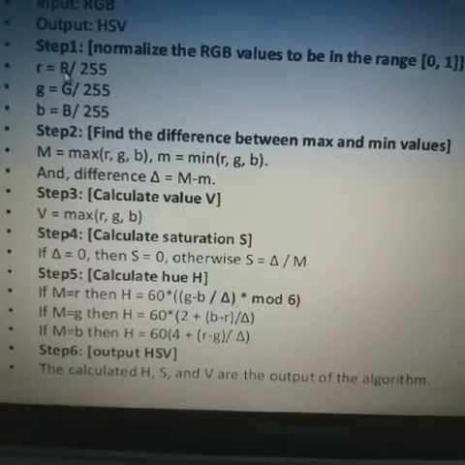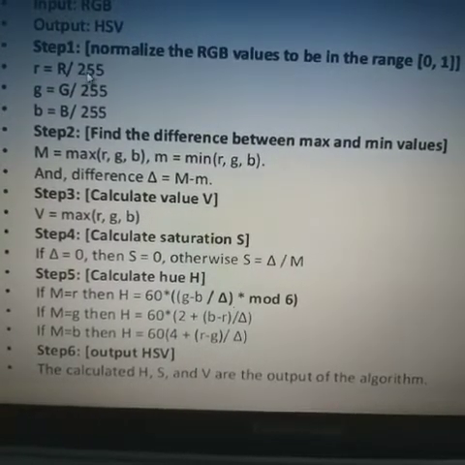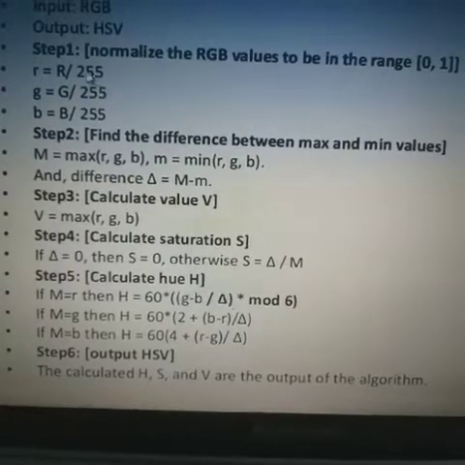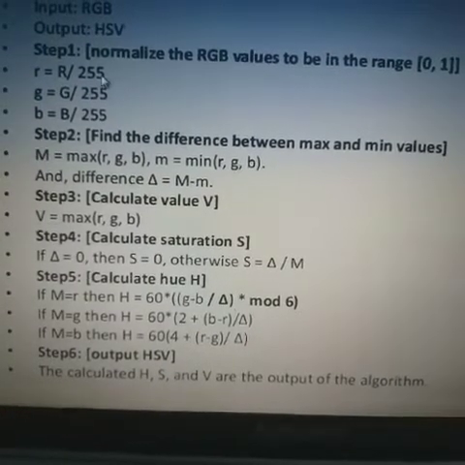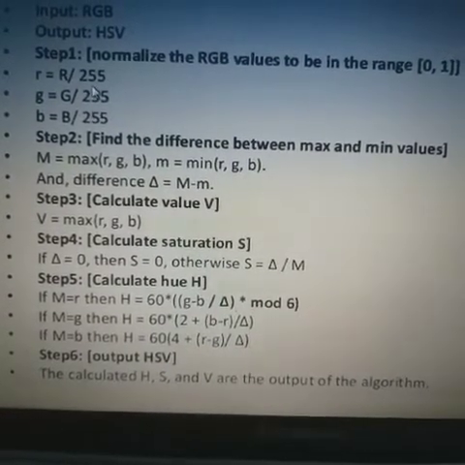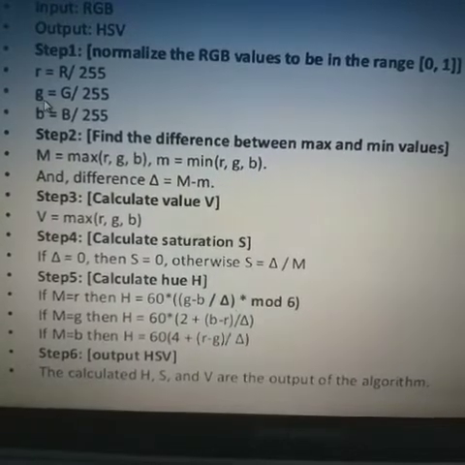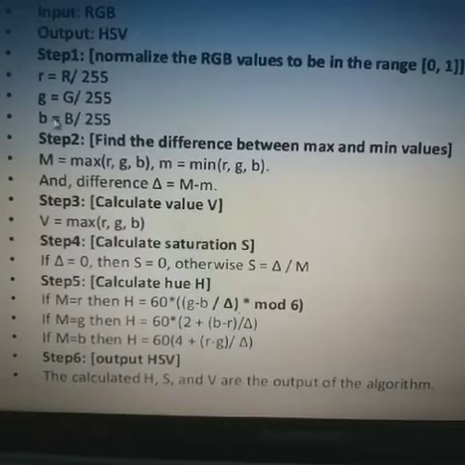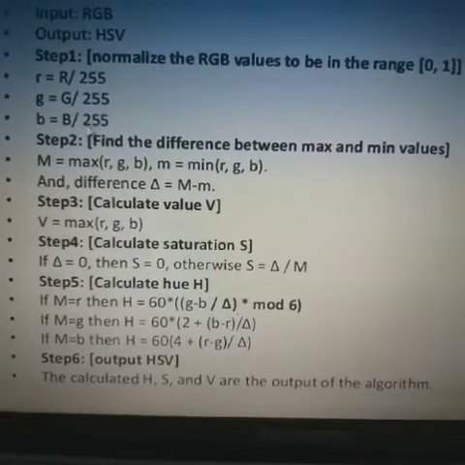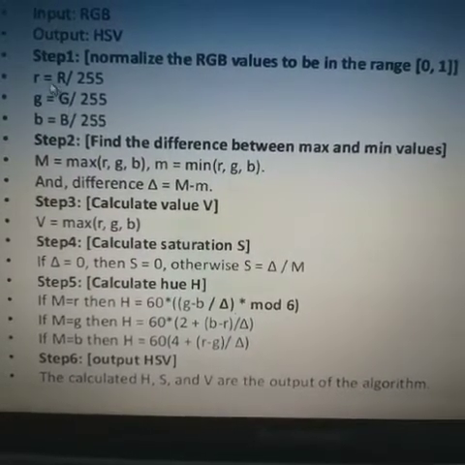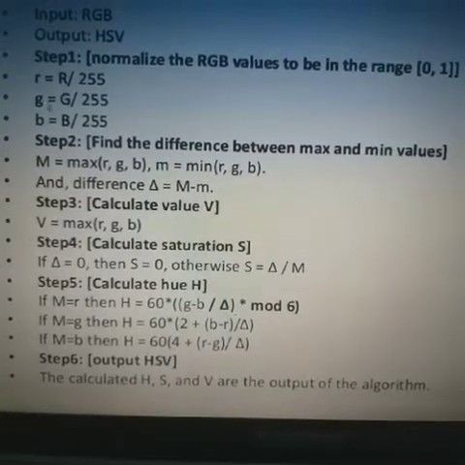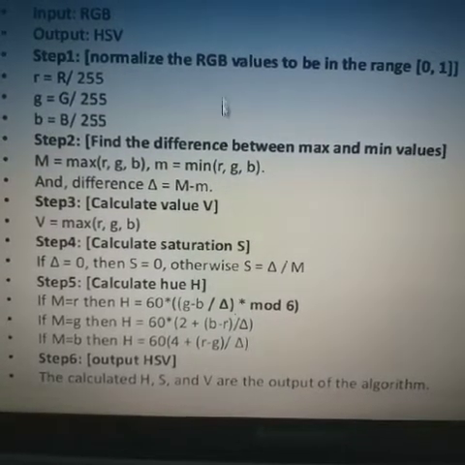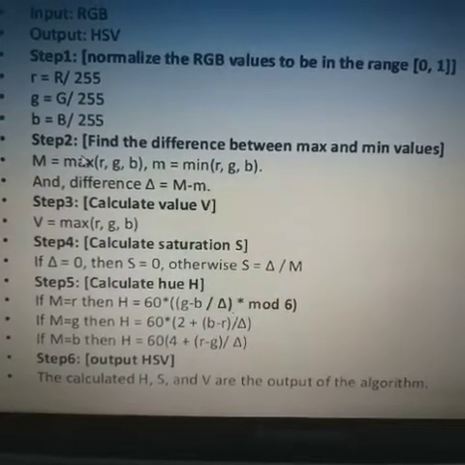If we have another value like 122 divided by 255, then the value is 0 point something, so we take the round off value. Similarly, small g is equal to capital G divided by 255 and small b is equal to capital B divided by 255. Here the small r, g and b are the normalized RGB values.